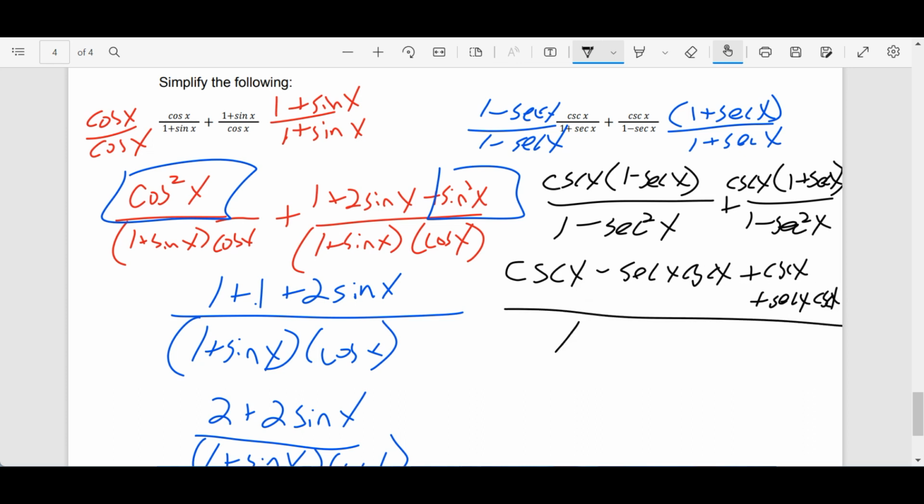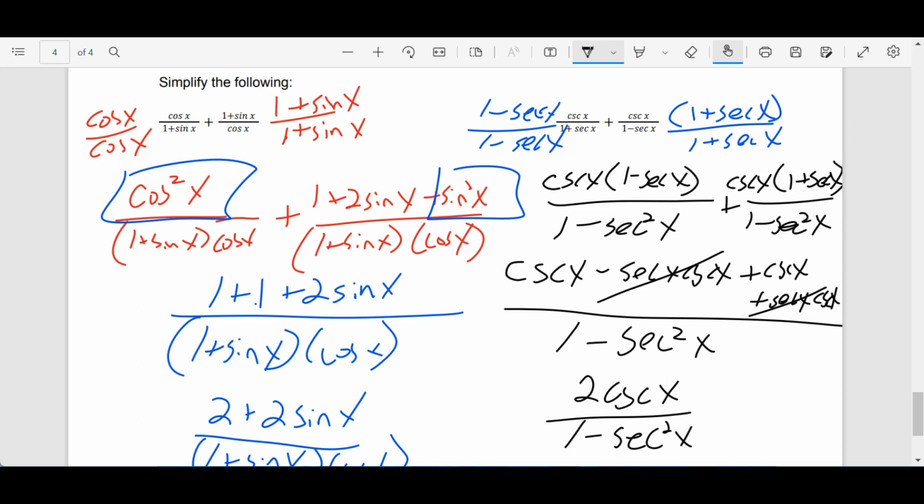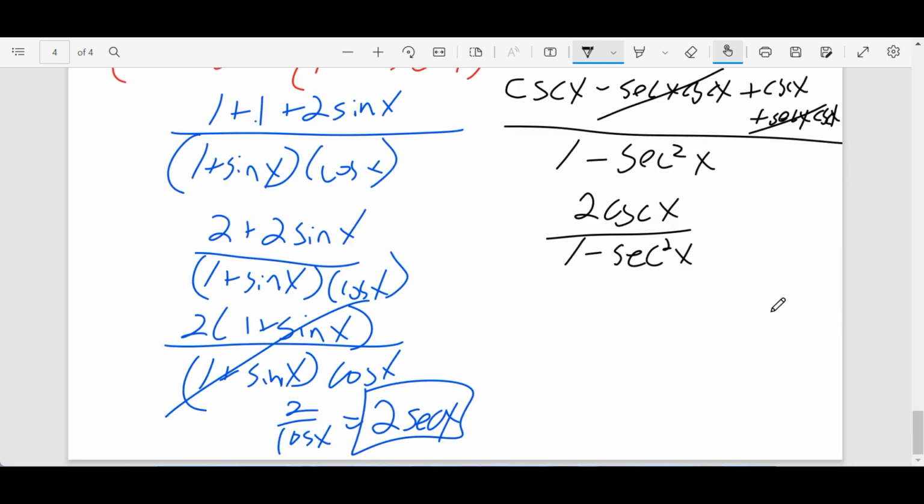So what do we notice? These cancel. That's going to get me 2 cosecant x over 1 minus secant squared x, because I have 2 of them, so they add straight up. And now I think it is probably the simplest thing.